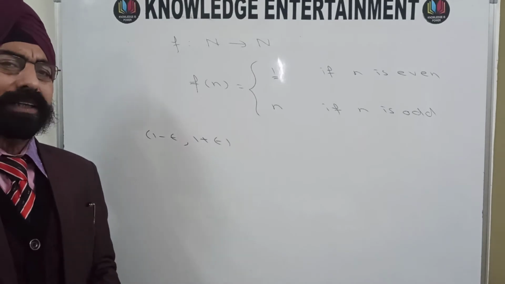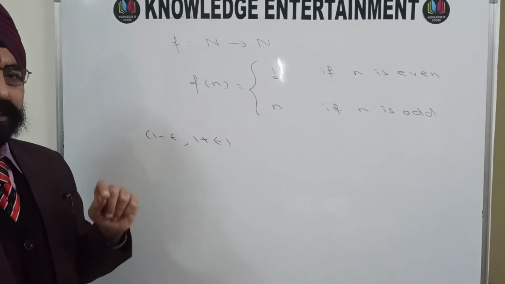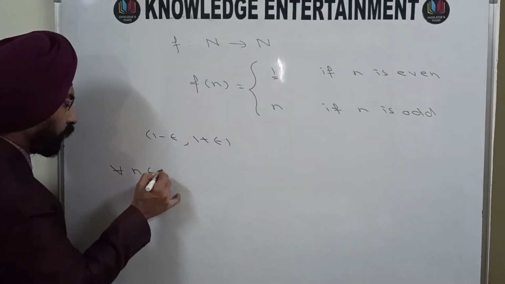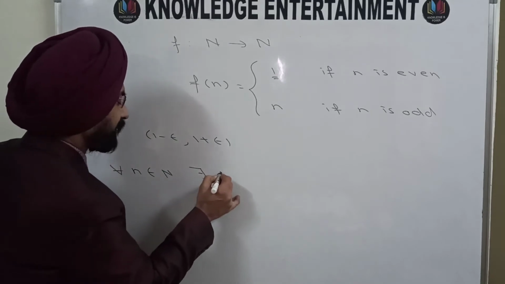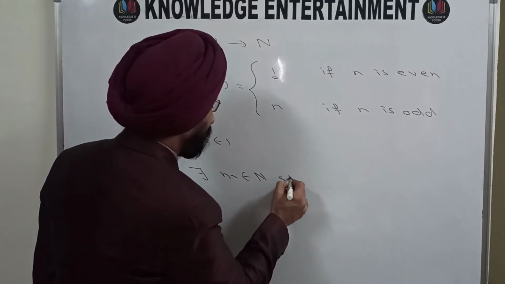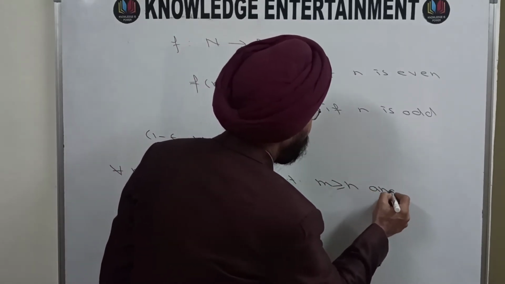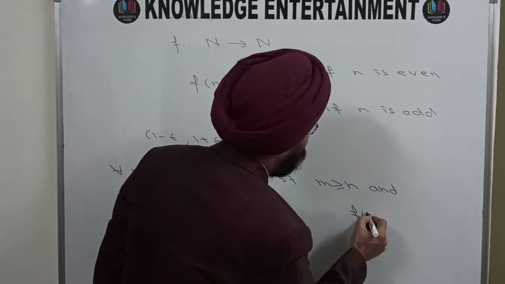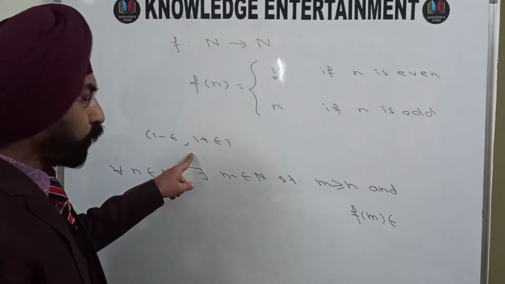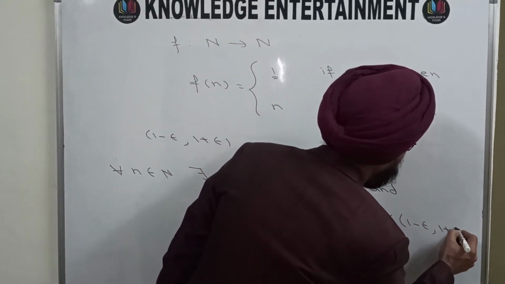Now the definition of cluster point says that this one is a cluster point if for every n belonging to N there exists m belonging to N such that m is greater than or equal to n, and f of m belongs to that neighborhood, and that neighborhood we are taking here as 1 minus epsilon, 1 plus epsilon.